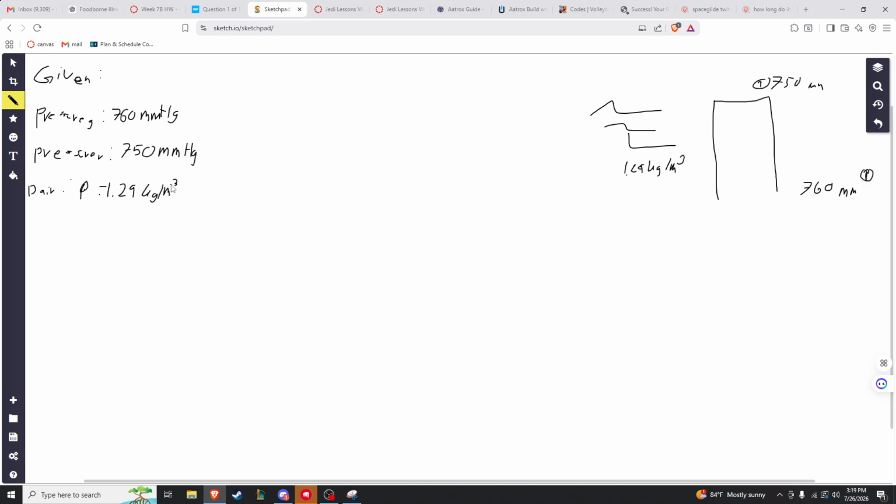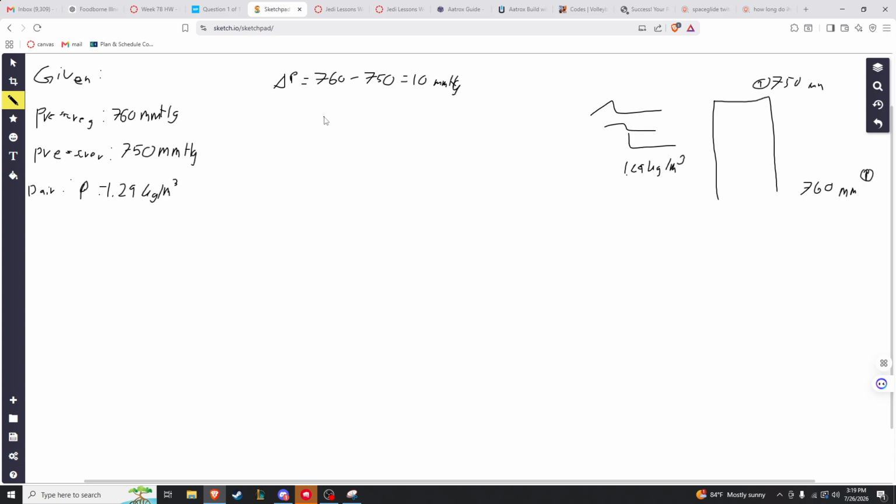For this specific problem, we want to use the pressure difference between the top and the bottom. So let's write it up here. The pressure difference would be 760 minus 750, which is obviously going to equal 10 millimeters.